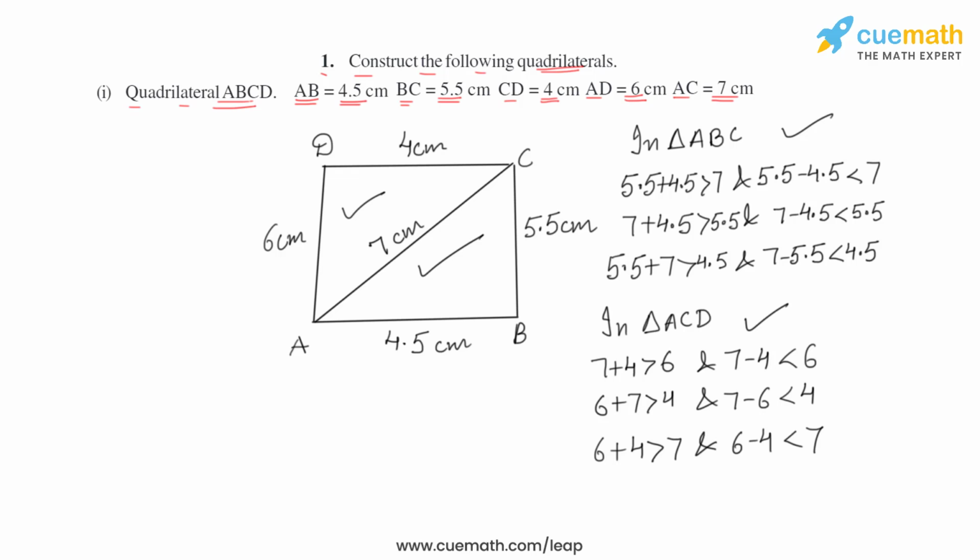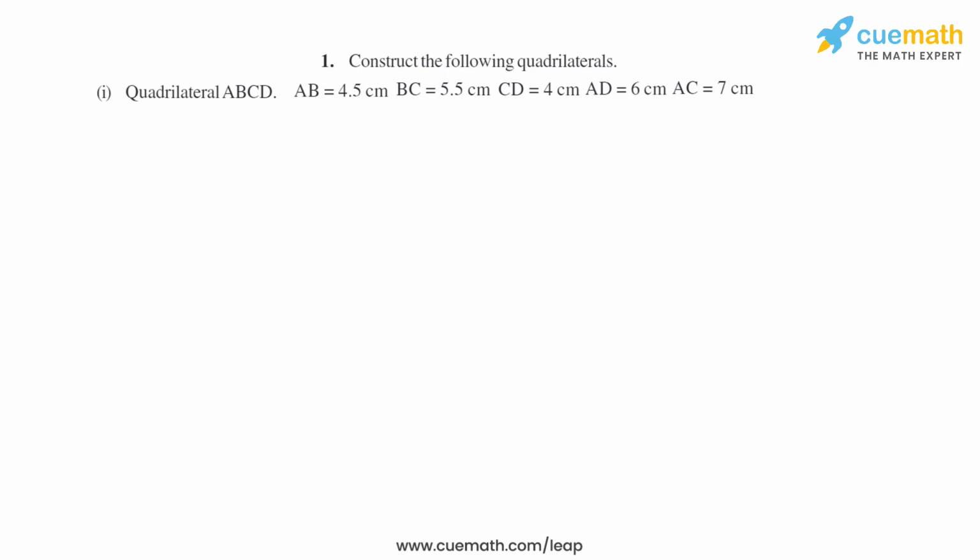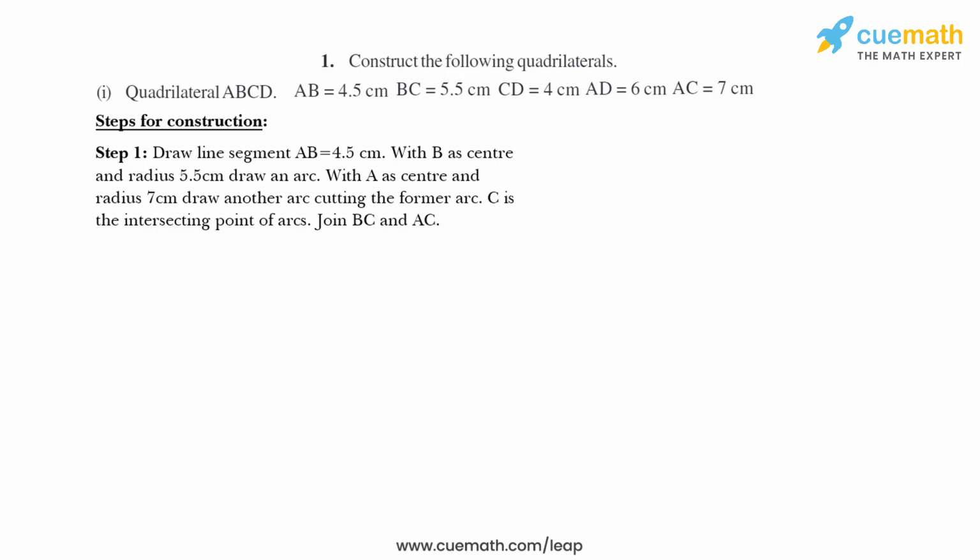To construct the quadrilateral, we have steps. First step, draw line segment AB of 4.5 centimeters. Let's say this is AB.